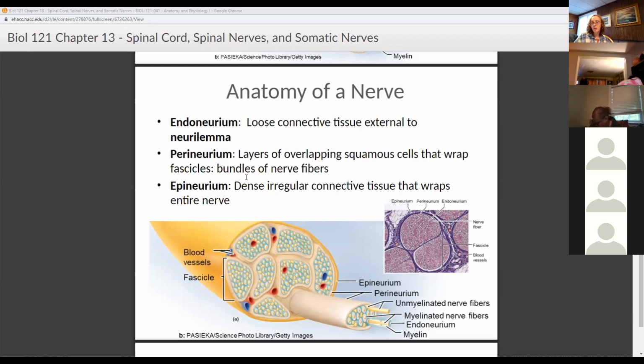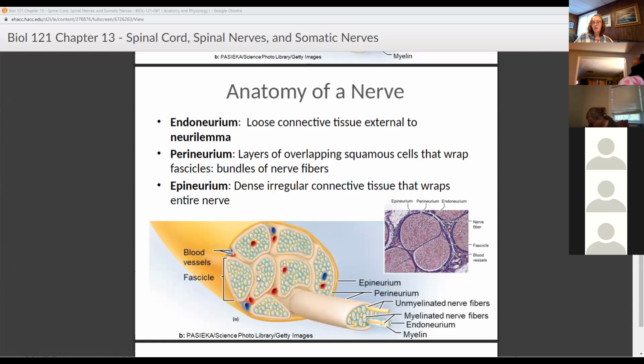The epineurium is going to be an irregular connective tissue wrapping around a bundle of fasciculi. So 3 different wrappings: endoneurium around the neurolemma of individual axons. Perineurium surrounds the bundles of axons that are in fasciculi.